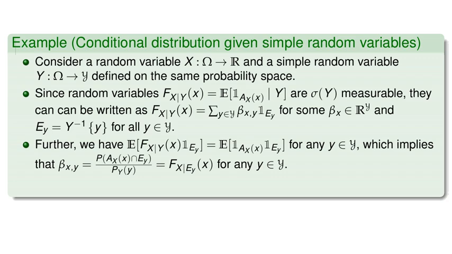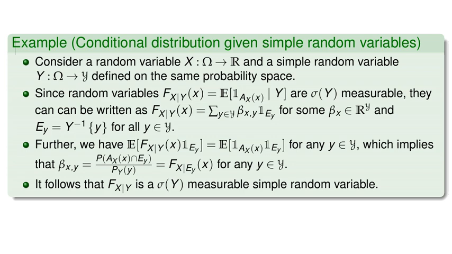The right side is the probability of A sub x of X intersect E sub y. Thus, beta sub x comma y equals the probability of A sub x of X intersect E sub y divided by P sub Y of y. We recognize this as precisely the conditional distribution F sub X given the event E sub y evaluated at x.